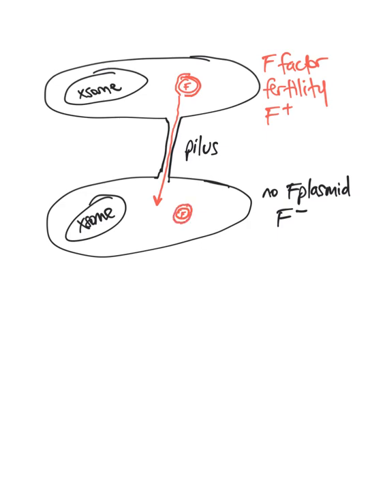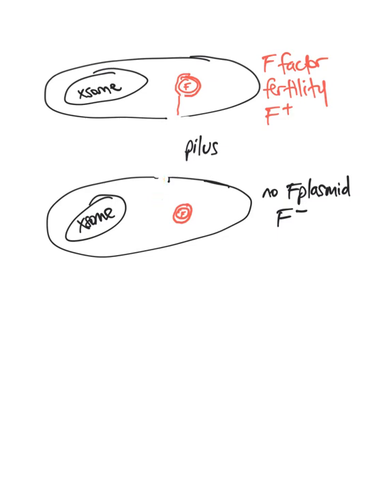And when that happens, then the cell that was F- will make a strand that is complementary to the strand that transferred in. The strand that was lost up here in this original F+ cell gets replaced. And so now we're going to break this connection here. The pilus doesn't last very long, so we're just going to break that connection, lose our pilus.